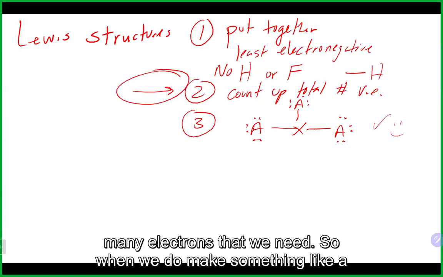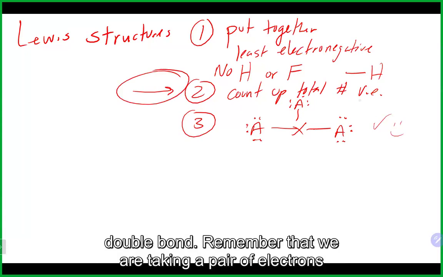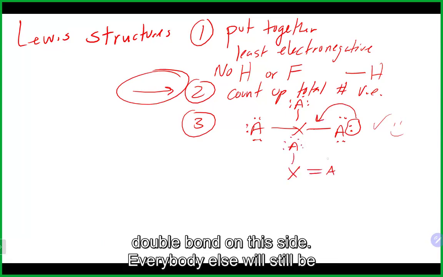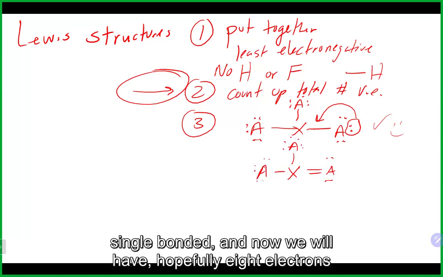So when we do make something like a double bond, remember that we are taking a pair of electrons in to do so. And what that will do, for example, here is make a double bond on this side. Everybody else will still be single bonded.